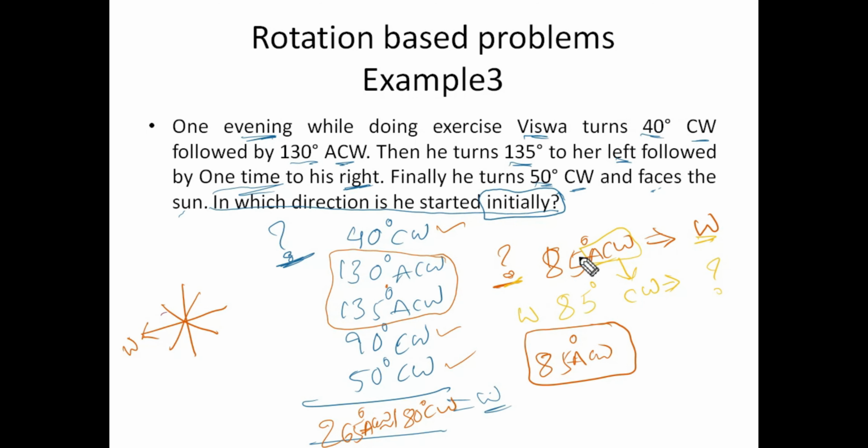Now see our question. From where is 85 degrees anti-clockwise west? The same question can be considered as: from west, 85 degrees clockwise will be which direction? This is west. From here, 85 degrees clockwise. If it were 90 degrees it would be north, but 85 is not reaching 90, so it is between north and west.